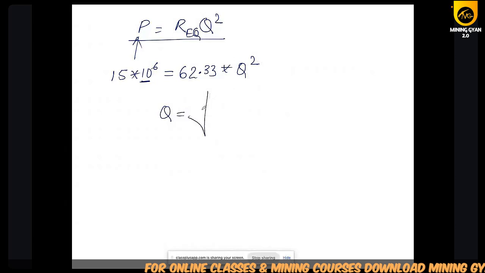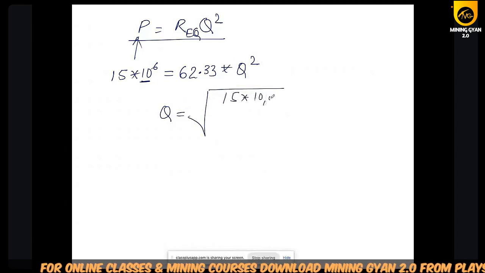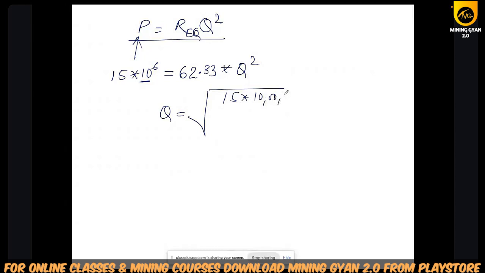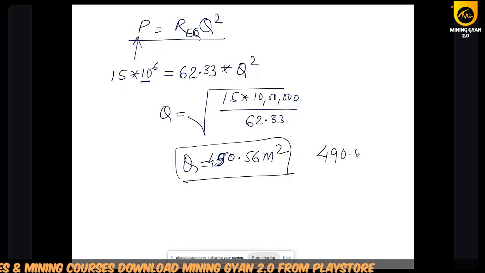Now you can find Q squared, which is 50 into 10 to the power 6, divided by 62.33. So it will come to 490.56 meter square, 490.56.